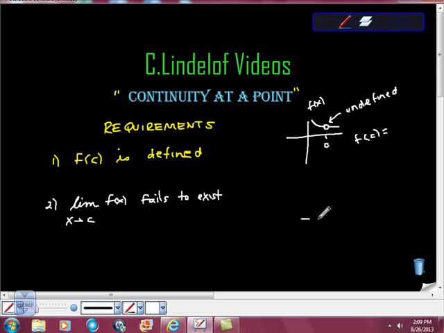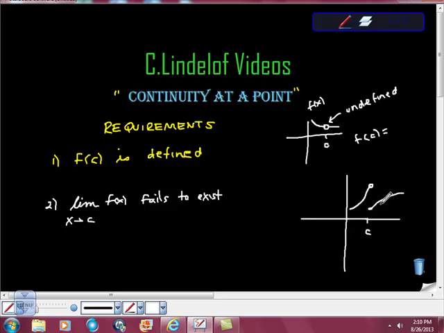So here's another Cartesian plane, and we might have a function that does this, where this is the value c. The function goes like this, and then from this value, it does that.